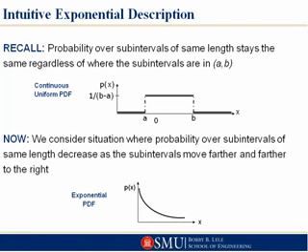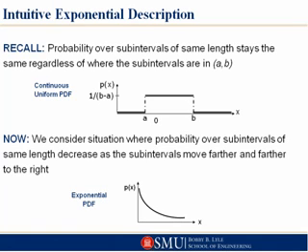You see the picture at the bottom of an exponential probability distribution function. If we looked at a subinterval of length 2 and did the integration of the area under this curve, as the random variable value gets larger and larger, the probabilities that it falls in subintervals of the same length get smaller and smaller.